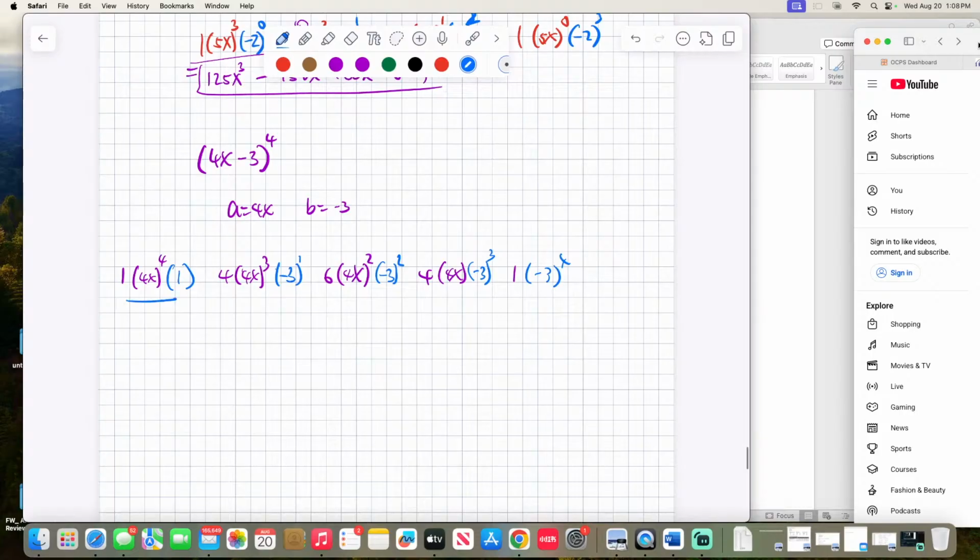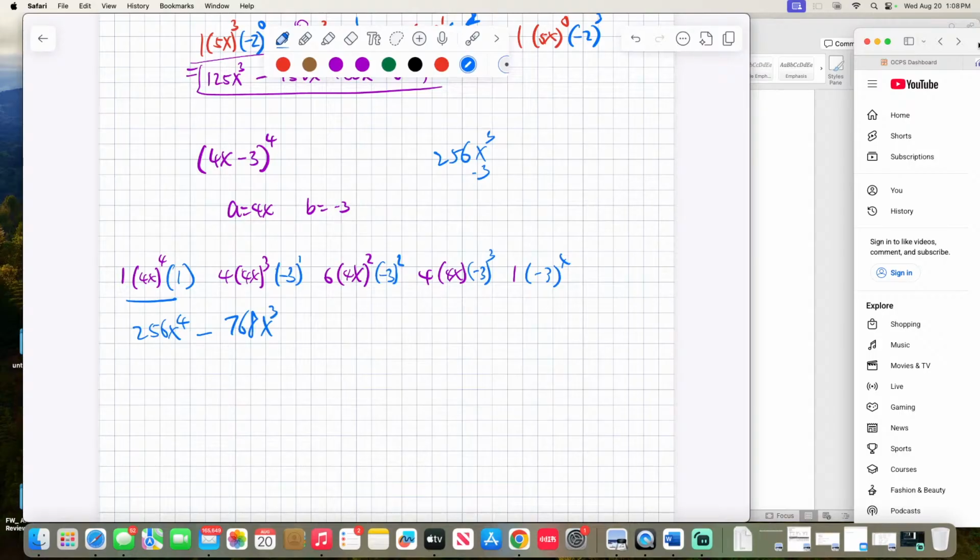Now this one is just gonna be 256x to the fourth because 4 to the 4th power is 256. And this one is gonna be 256x cubed times -3. So I don't know what that number is. So 750, 768. Is that okay?